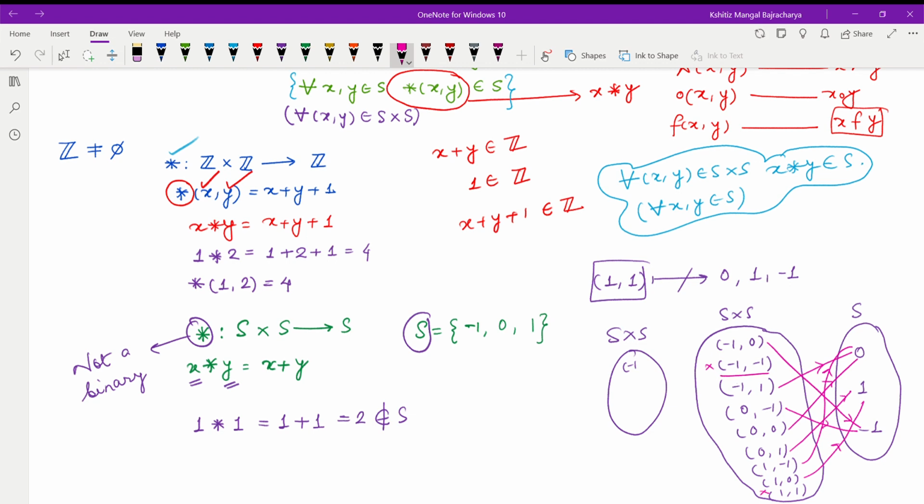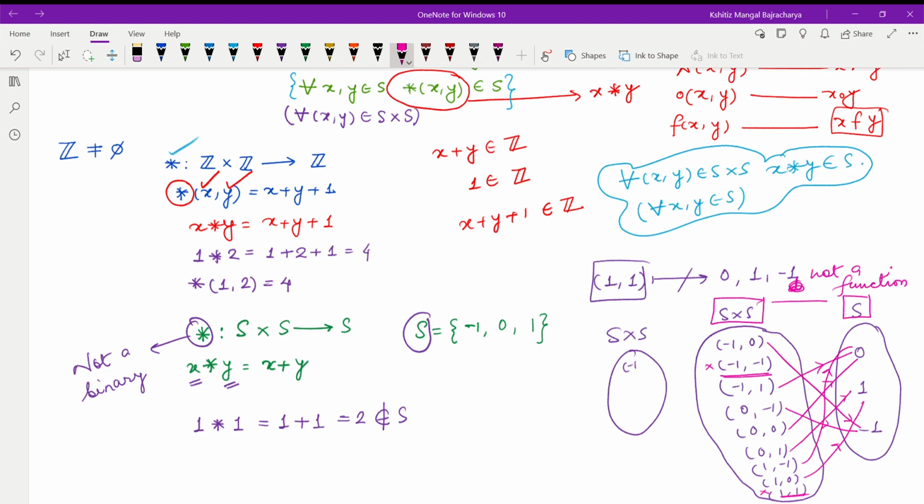So if we cannot pair at least one element in the domain with any element in the codomain, we do not have a function. This is what's happening.